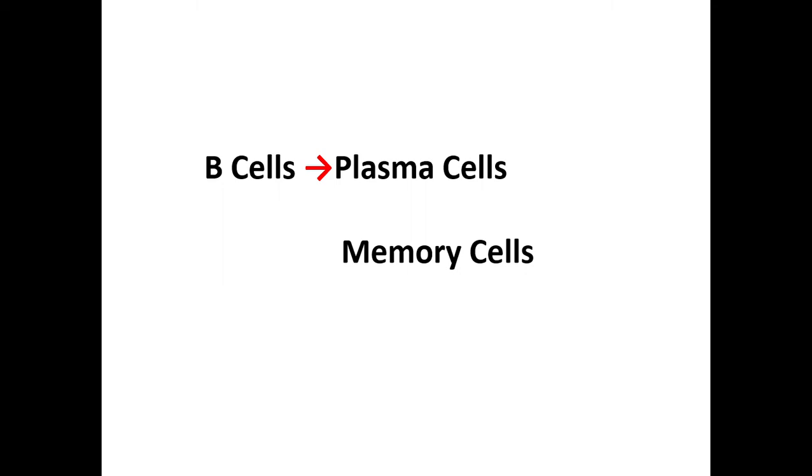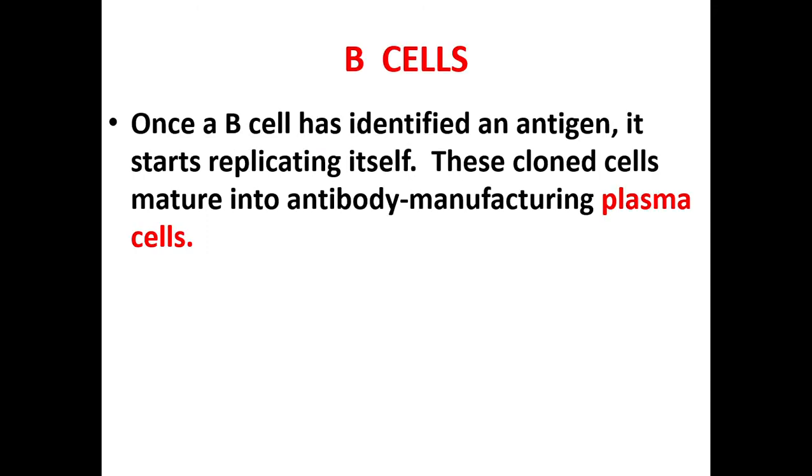Upon activation, the B cells will transform either into plasma cells producing antibodies, or they will remain as B cells as memory cells. The B cells will develop once they identify an antigen, and it will cause them to replicate itself.